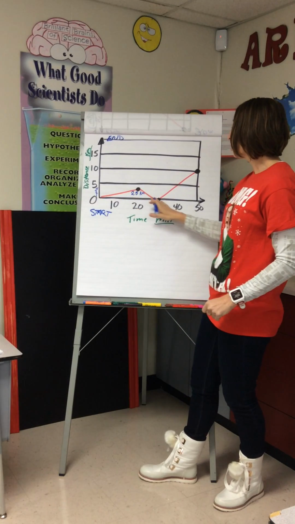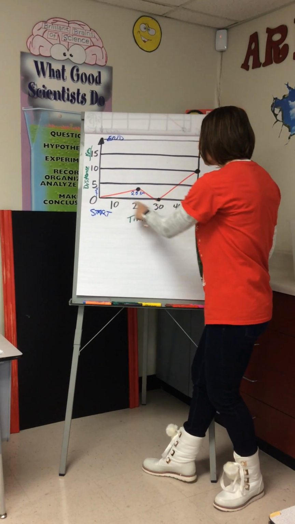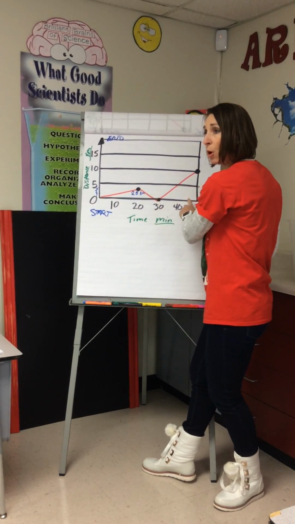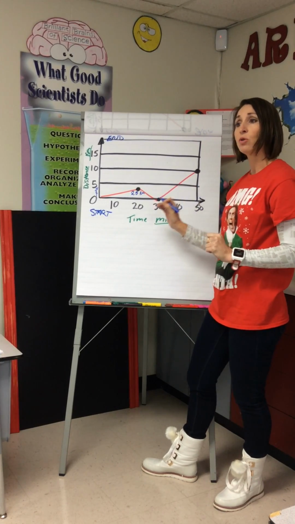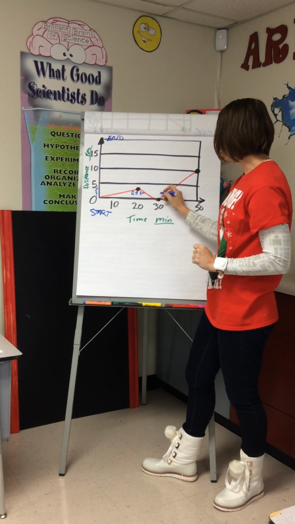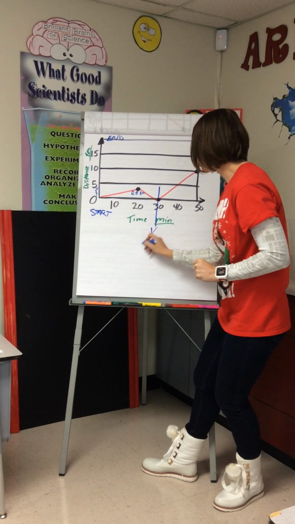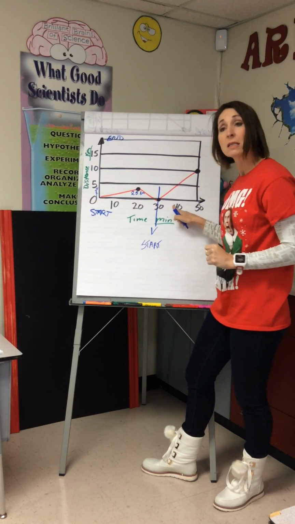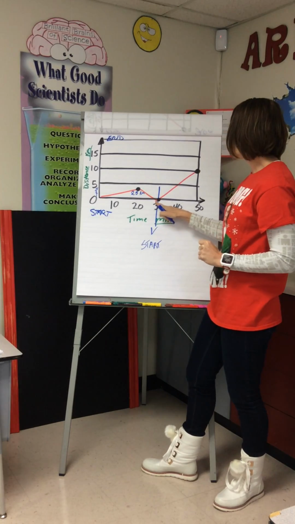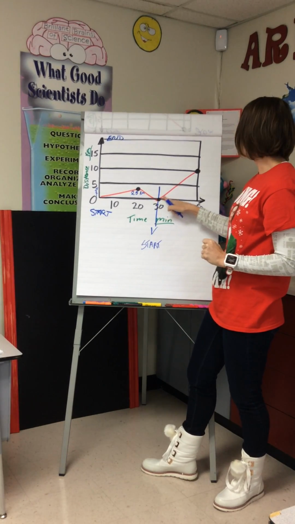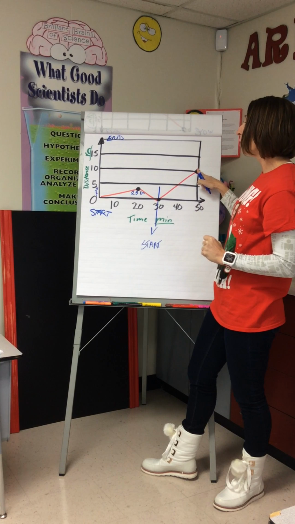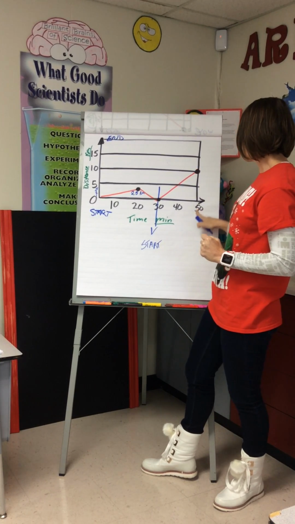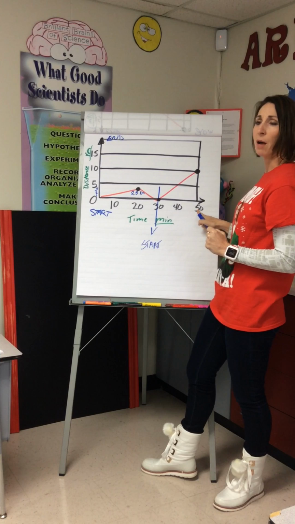So if the line goes back to 0, because this is the 0 mark, that means they went back to the start. Then the person or the car went forward to the 10 kilometer mark in how much time?